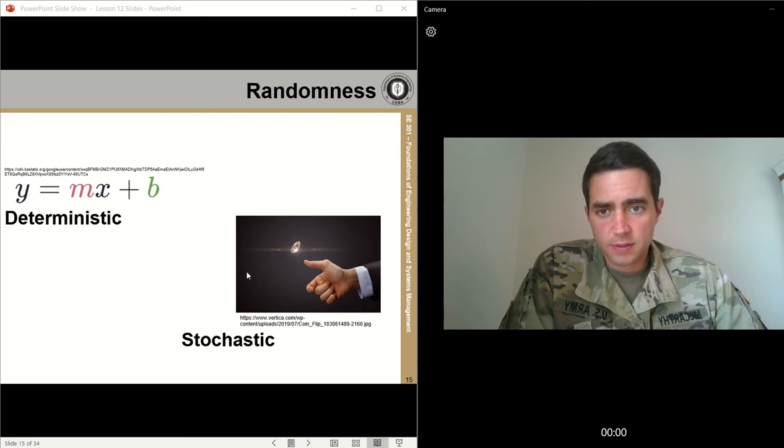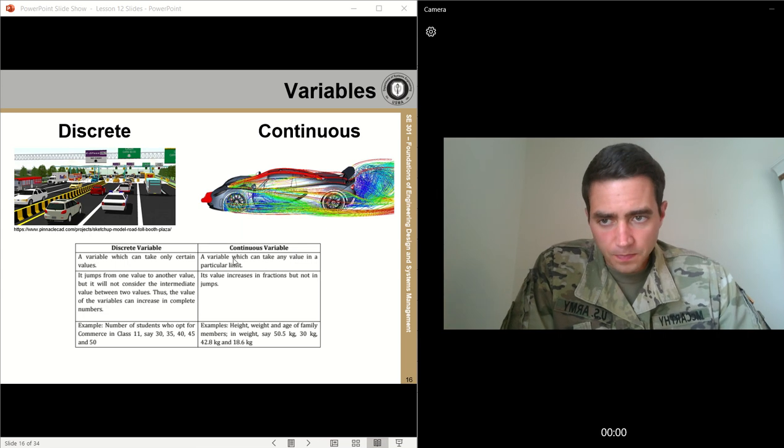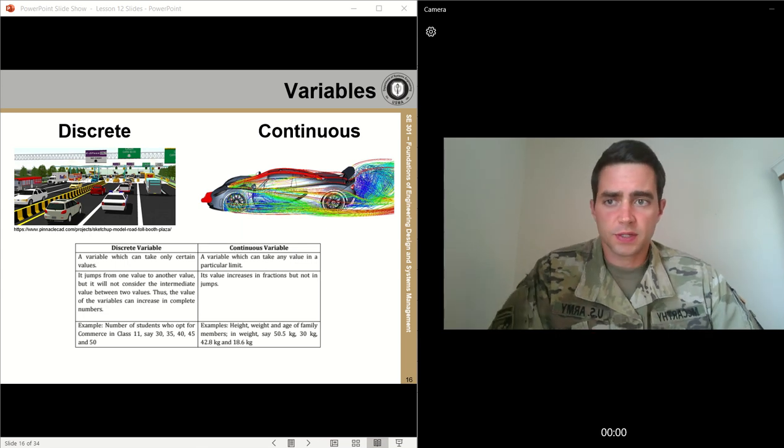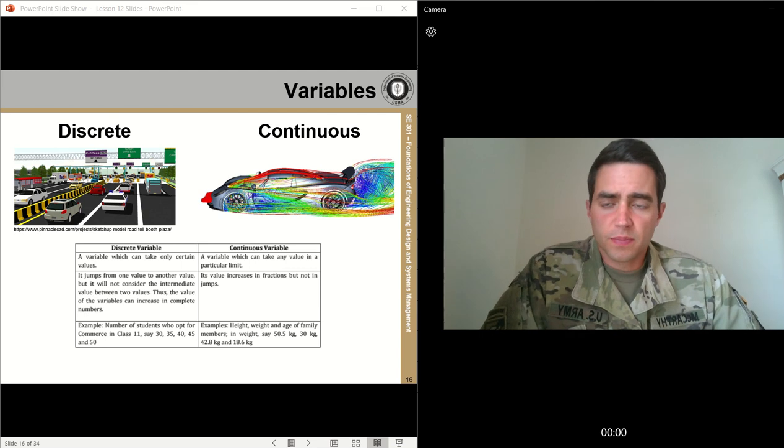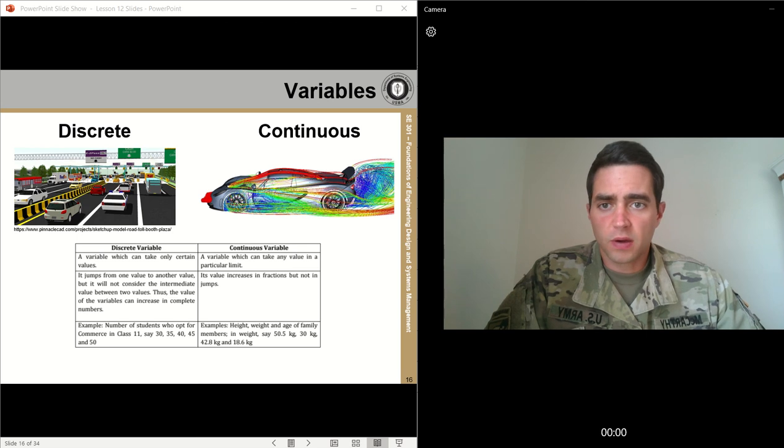And lastly, variables for discrete and continuous. The textbook does a pretty good job of explaining the difference between discrete and continuous variables, but discrete has a set number of outcomes, a finite number of outcomes, whereas continuous can have an infinite number of outcomes.